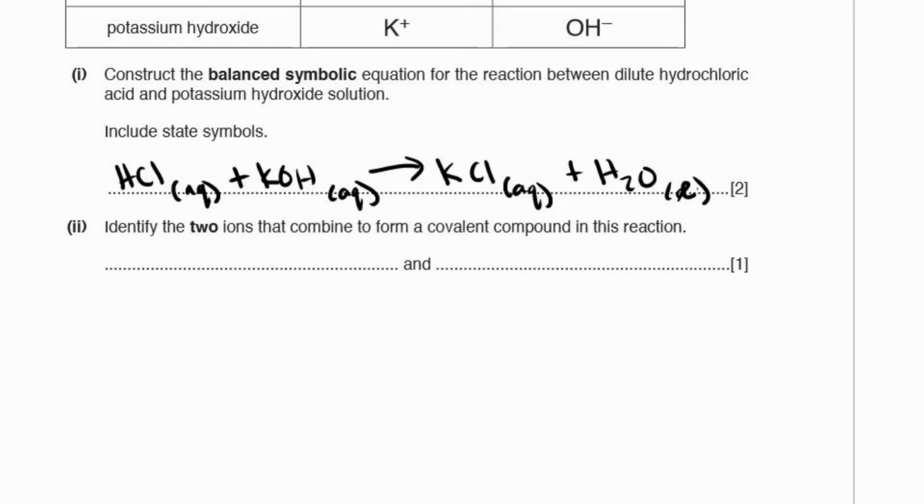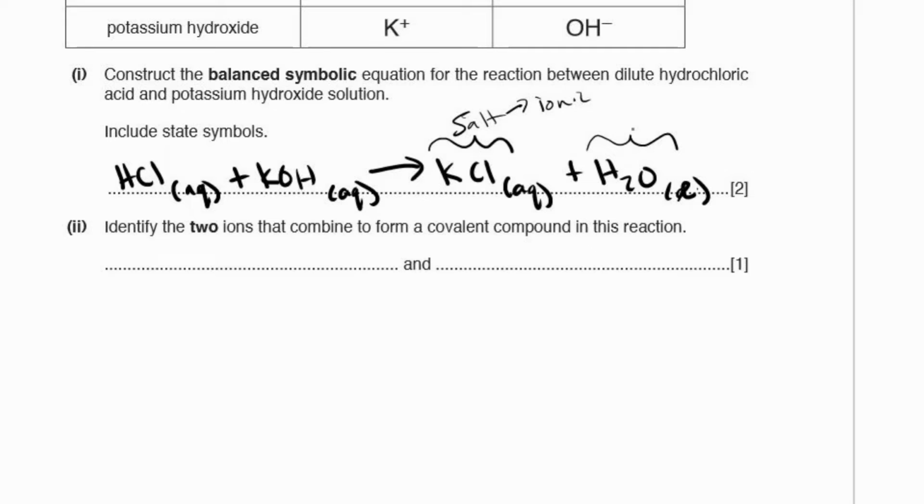Identify 2 ions that combine to form a covalent compound in this reaction. The 2 compounds formed are KCl, which is a salt, and water. Salts are ionic, with the pluses and minuses held together by their bonds.